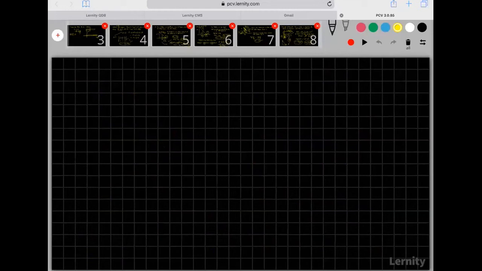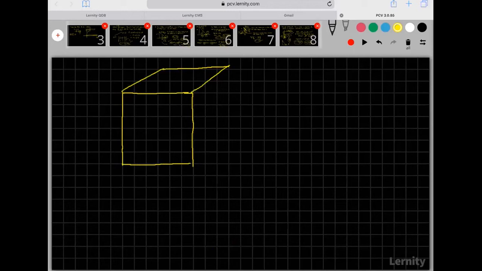So here is a question. So I have a cube here. The cube has a mass m.